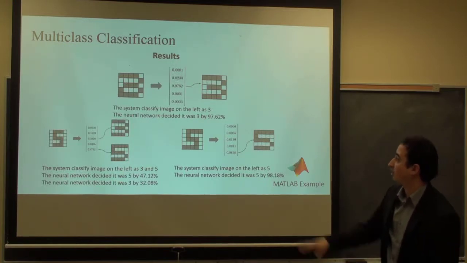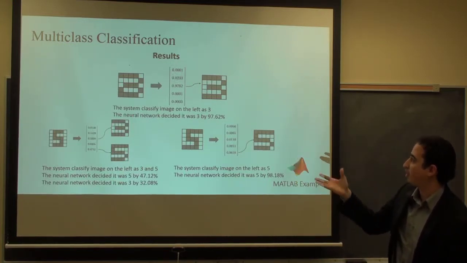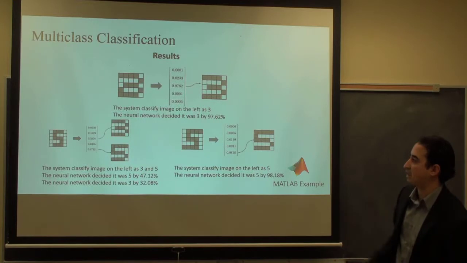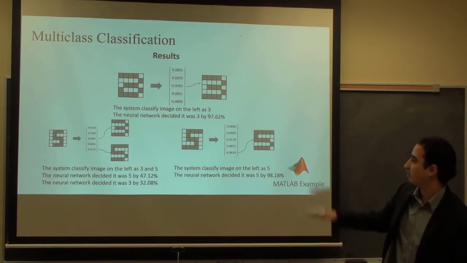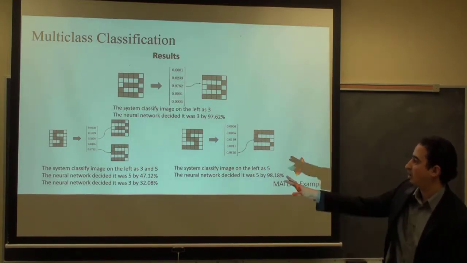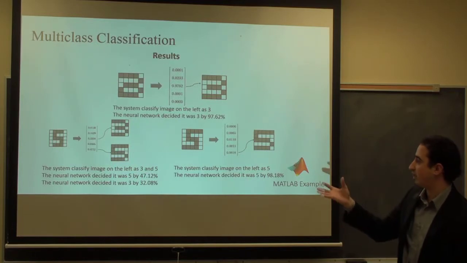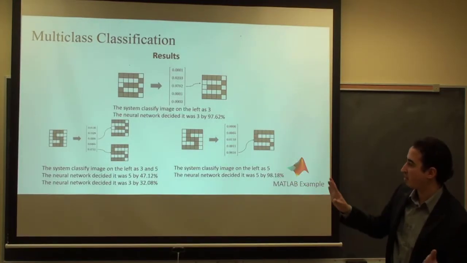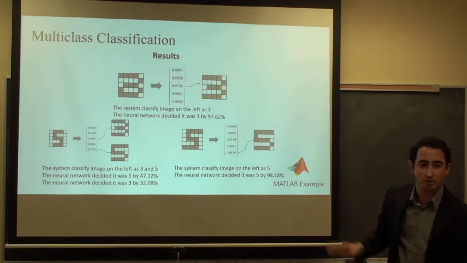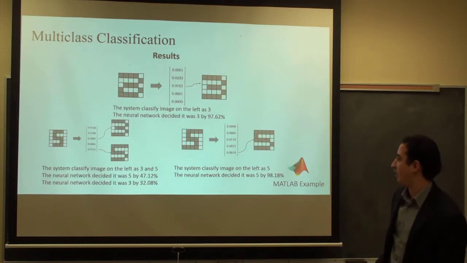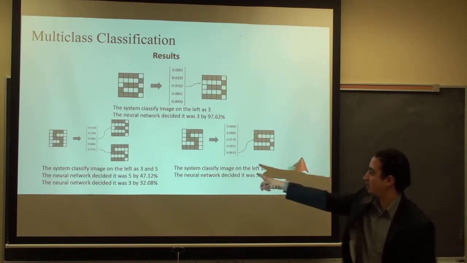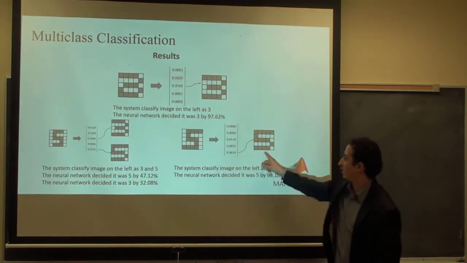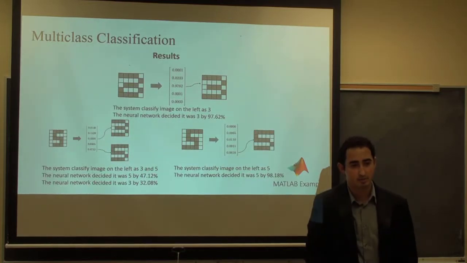This one looks in between 3 and 2, but it recognizes it as 3 with 97%. Also the 5, it recognizes as 3 or 5 with some accuracy, 50% and 32%, so it's not sure. And the last one, because it looks like a 5, it's recognized as 5 with 98%.